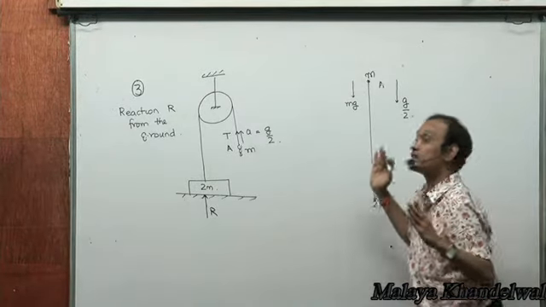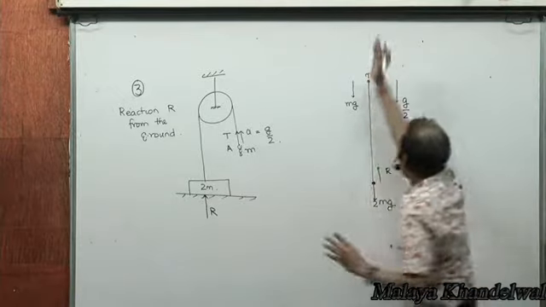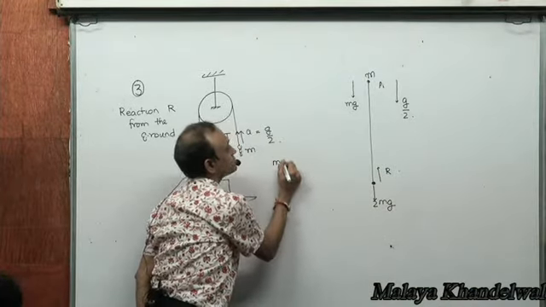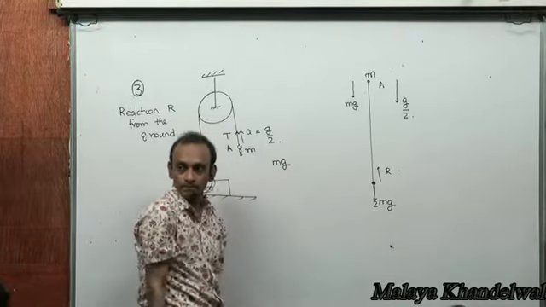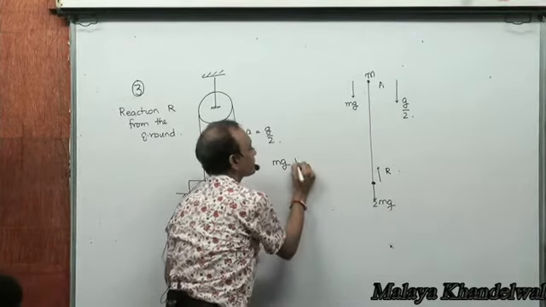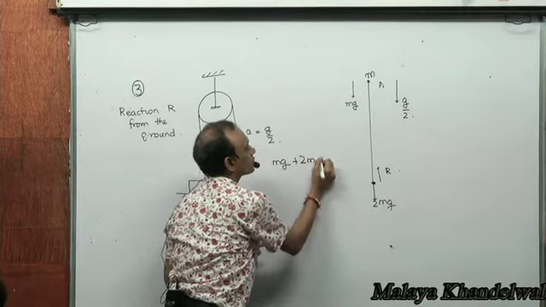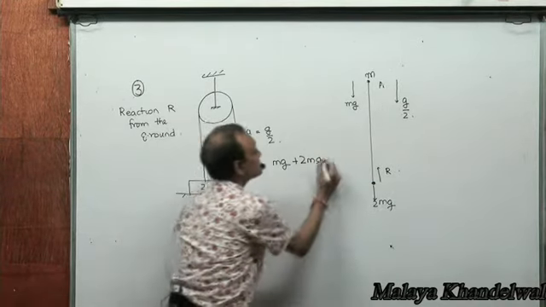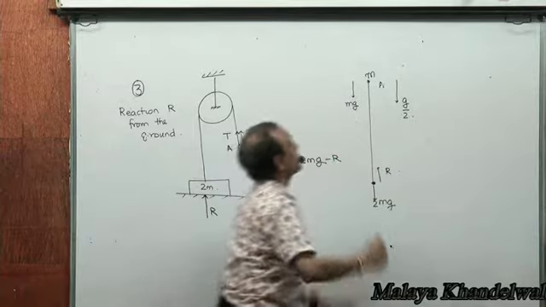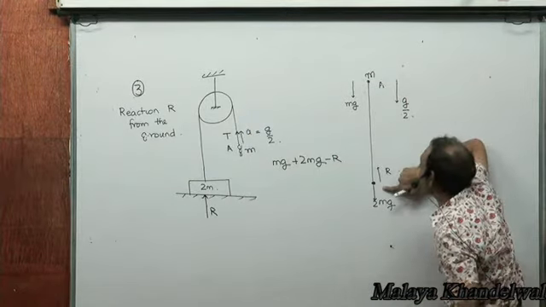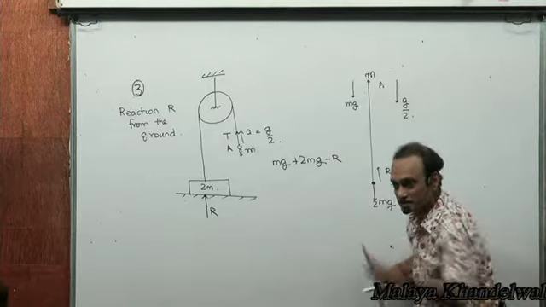I'll apply Newton's second law in the vertical direction. In the vertical direction, what are the sum total of forces acting on the system? mg, Mother Earth on small m. 2mg, Mother Earth on 2m, minus r on the system, right? That must be mass of this into acceleration of this downwards, plus mass of this into acceleration of this downwards. Yes or no?